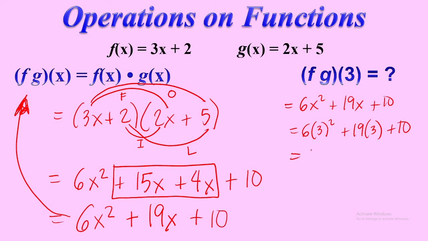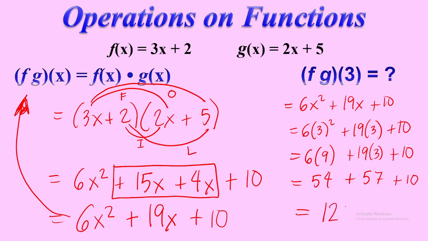Start with the exponent. 6 times 9 plus 19 times 3 plus 10. I now have 54 plus 57 plus 10. Adding these numbers, I'm going to be getting 121 for that. So this will be the value if x is equal to 3.